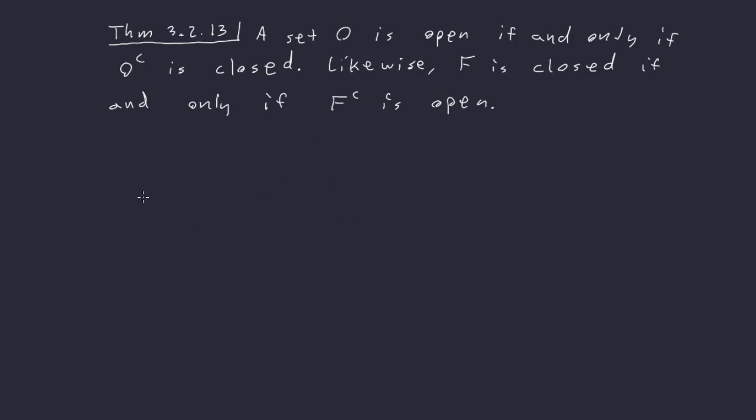If you remember, a complement is the set of all x in R such that x is not in A. So what this theorem is saying is that a set O is open if and only if O complement is closed.